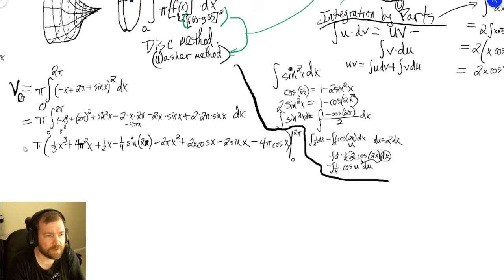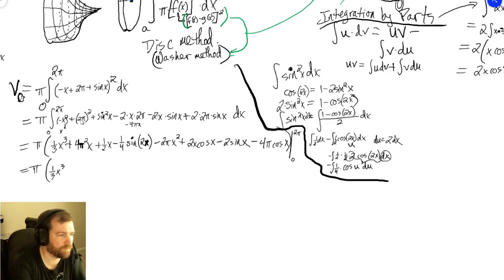Alright, all of this stuff is equal to pi times. We can take all of these things, plug in 2 pi, and then take all these things and subtract 0, or you can do them individually. So we could do 1/3 times (2 pi) cubed minus 1/3 times 0 cubed.